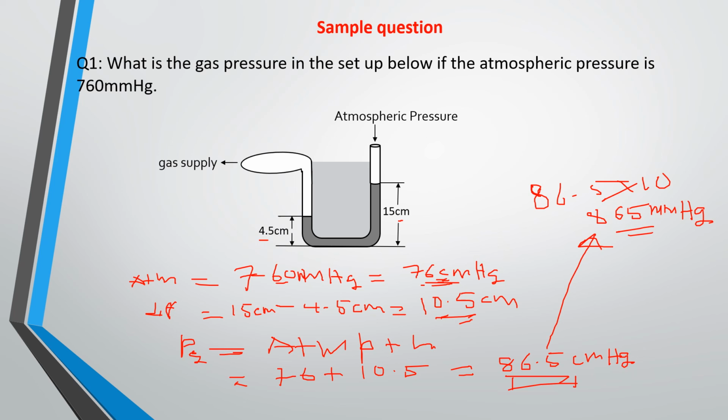Okay, so the questions on this particular topic are really very simple. Whenever you see a diagram like this, please don't be afraid, just follow these steps and you have your answers readily, right?